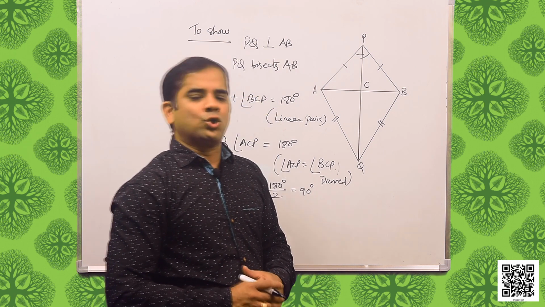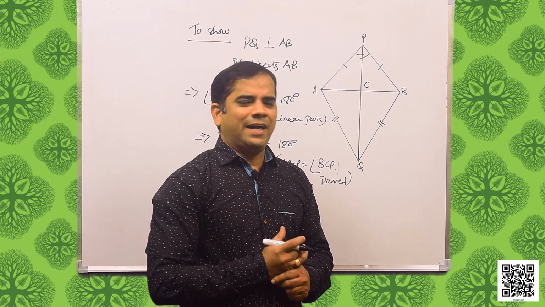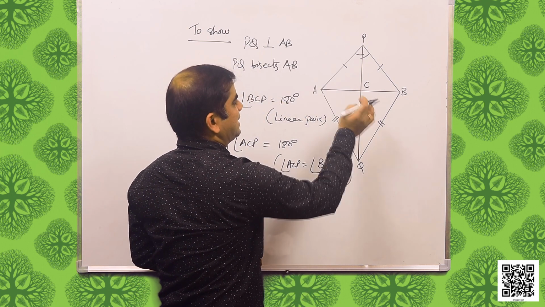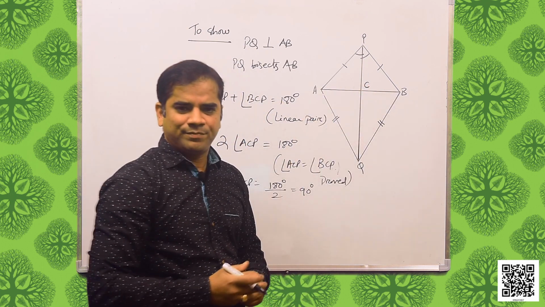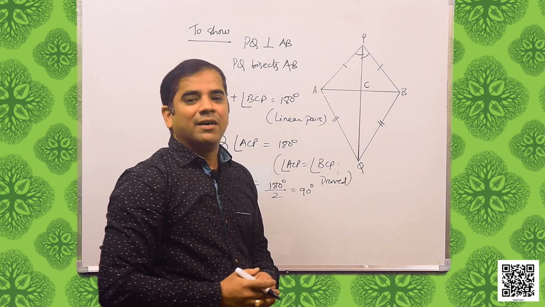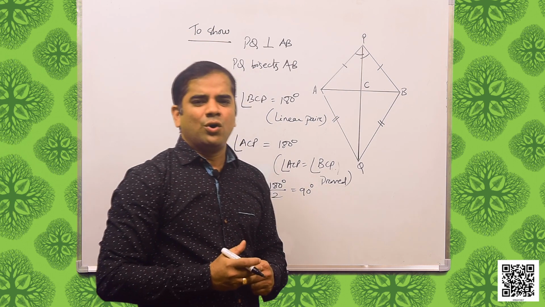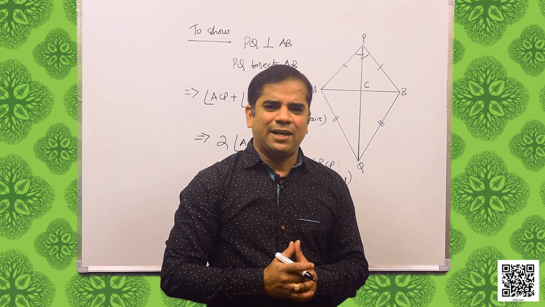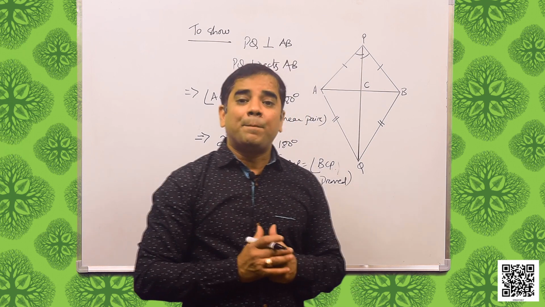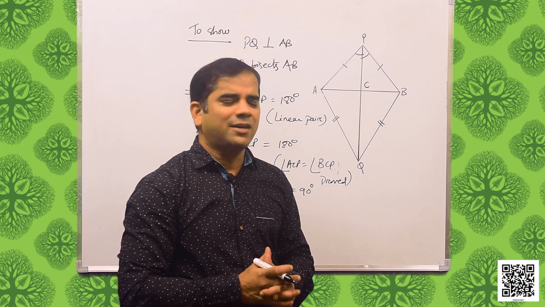So students, what we have found is that AC is equal to BC and angle ACP is a right angle. From these two we can easily conclude that PQ is the perpendicular bisector of AB. What is a perpendicular bisector?